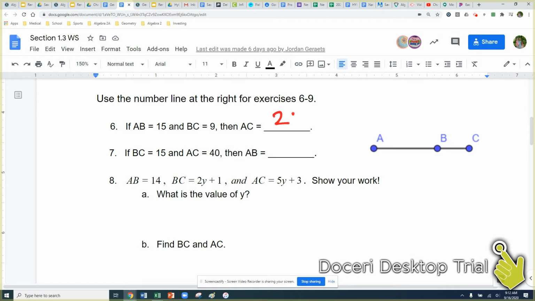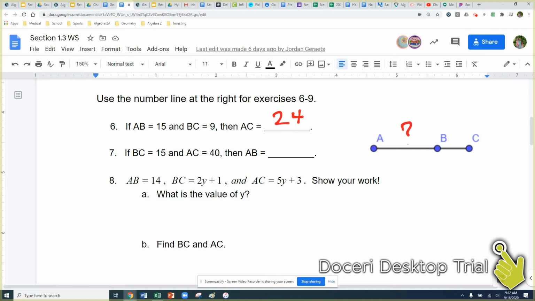It just says if you have two smaller segments, they're always going to add up to equal the larger segment when you put them together. Part 2, if you have BC is 15, so just keeping track, this smaller segment is 15. AC is 40, so just a visual, AC all the way from here to here is 40. What's going to be the length of AB? Right there.